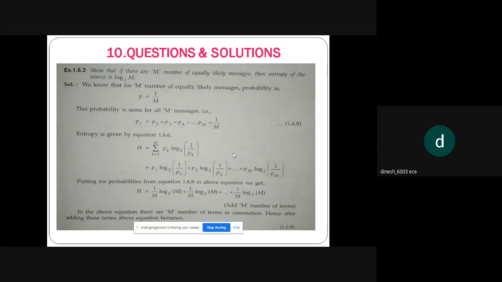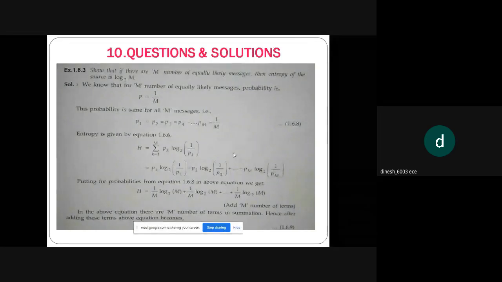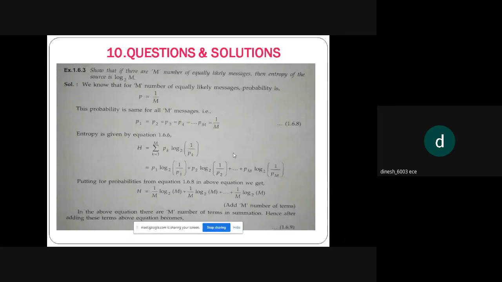Show that if there are m equally likely messages, then the entropy of the source is log to the base 2 of m. So this is the extension of Shannon's first theorem, and we are going to prove it.